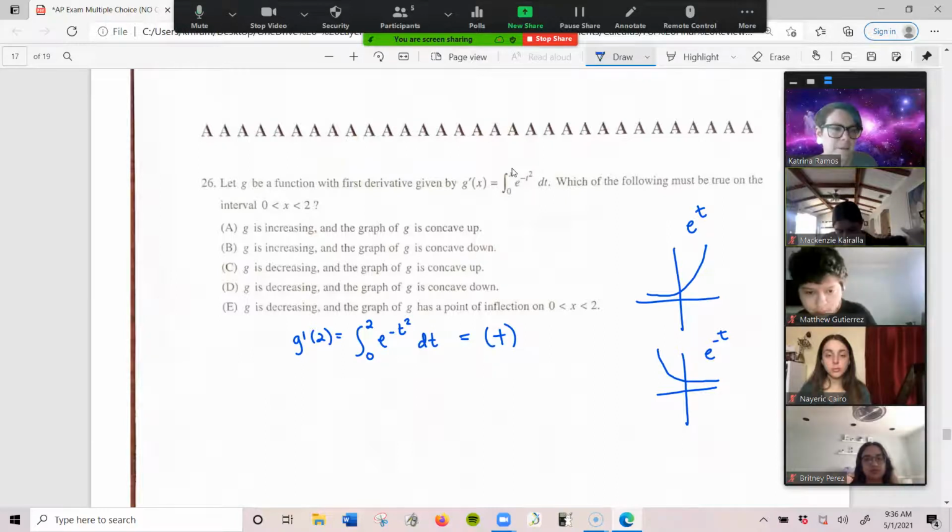Does that make sense? Okay. So from 0 to 2, my integral will be positive. And look at the concavity. What's the concavity here?